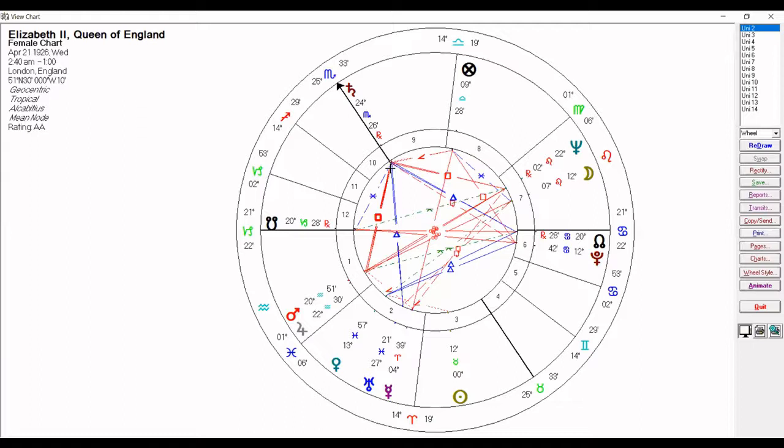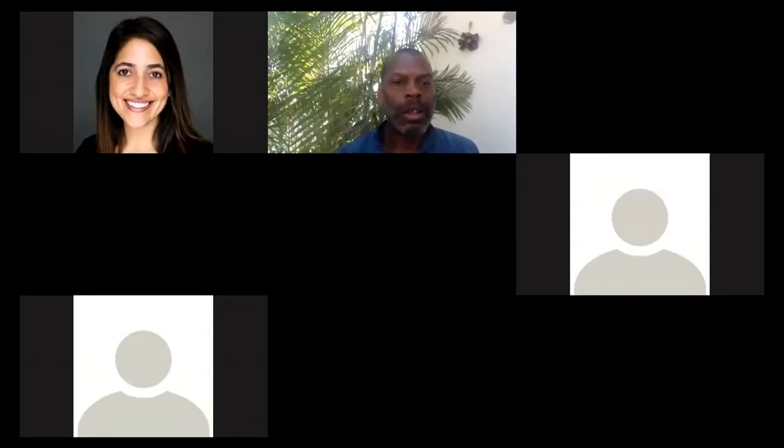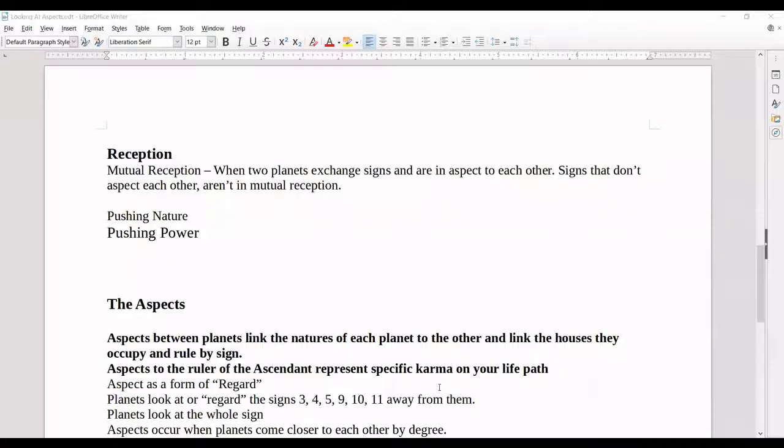So that's my point: not only do the planets come together and mix, as I said, aspects between planets link the natures of each planet to each other and link the houses they occupy and rule by sign. So this mutual reception really puts that into huge focus, into huge relief.